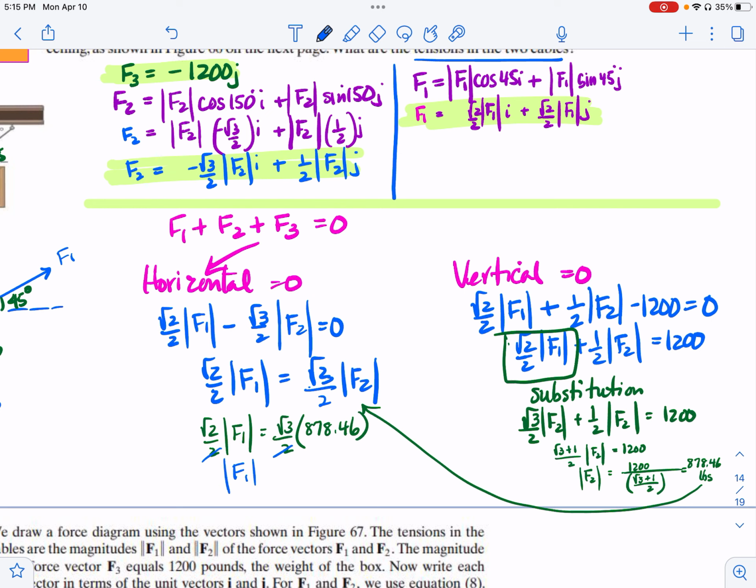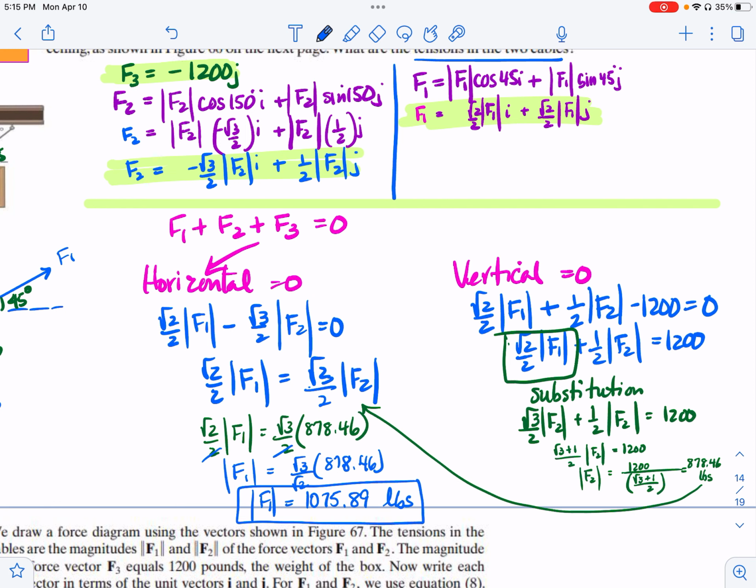F1, the magnitude of that force, is equal to root 3 divided by root 2 times this number, 878.46 times root 3 divided by root 2. Force 1 is 1075.89-ish pounds.